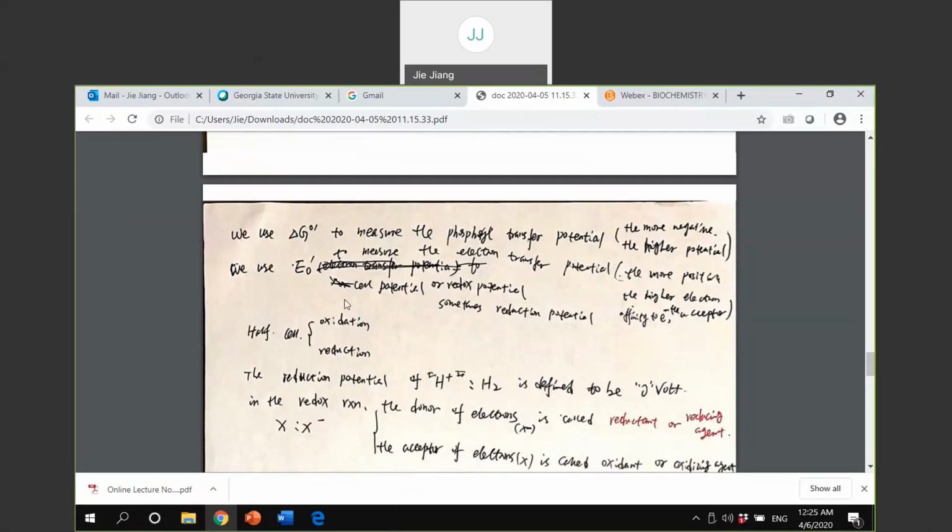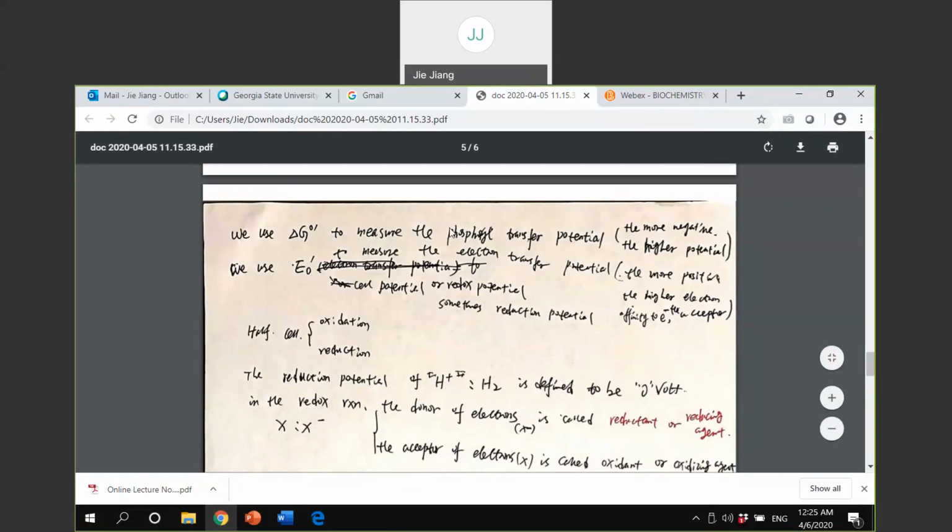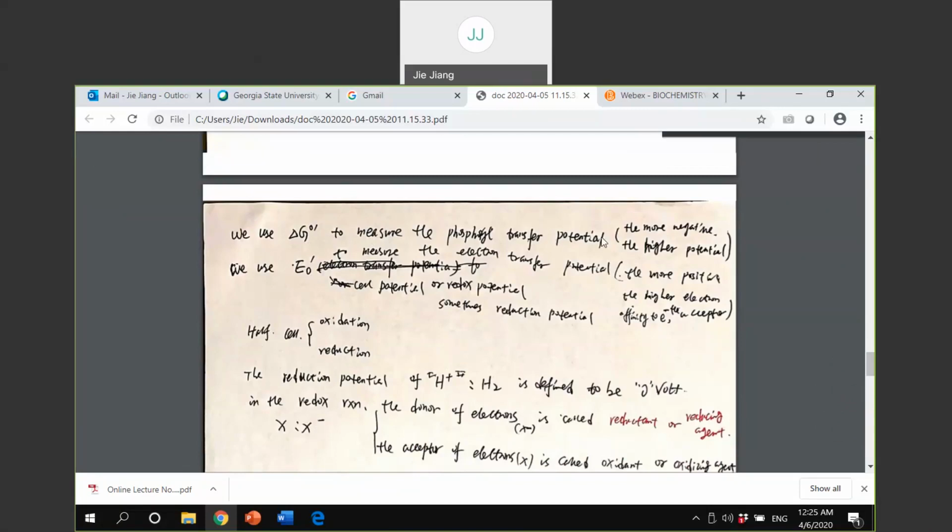So just a quick review about the cell potential. There's the relationship between cell potential and the Gibbs free energy. We use the Gibbs free energy to measure the phosphoryl transfer potential. Remember in chapter 15, we considered this delta G, right? We already know when delta G is negative, the reaction is spontaneous, which means the more negative the delta G, the higher the potential.